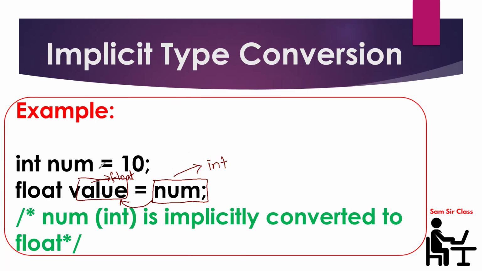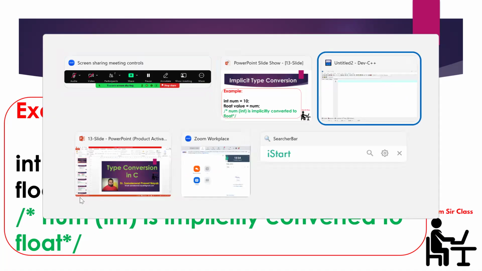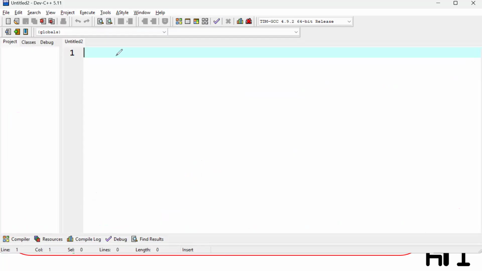How? Let us write the example. We are looking at implicit type conversion.